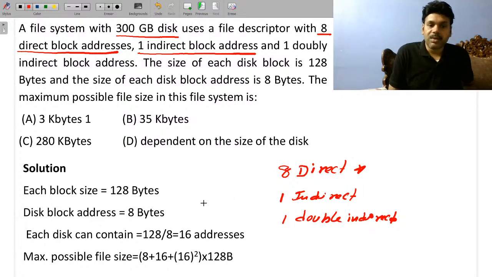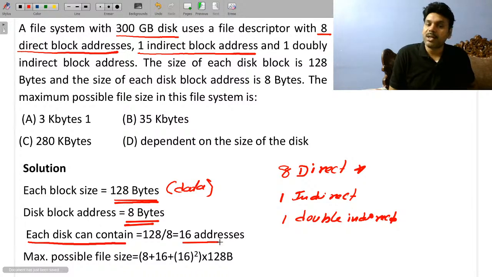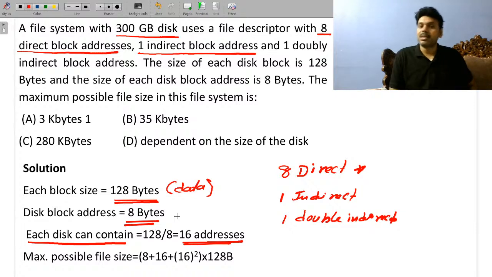Okay friends, now you see your block size is up to 128 bytes I can store. This is your data. And the disk block address size, nothing but index size, is only 8 bytes. So how many addresses can each disk block contain?